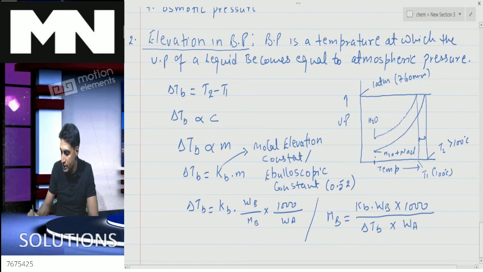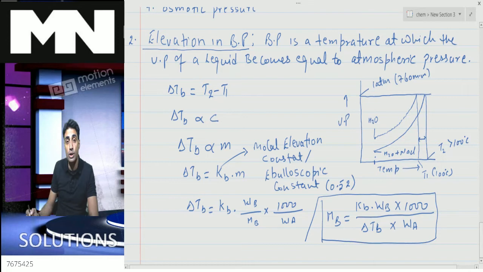This is what I can write, and this is how I can express. So this formula can be used for calculating the molar mass of an unknown solute through elevation in boiling point. So this is what elevation in boiling point is all about.